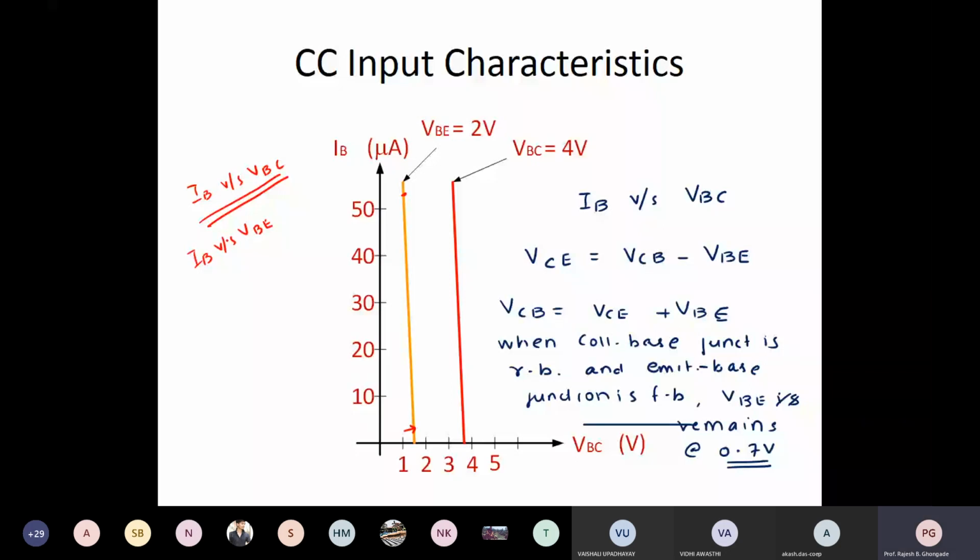This is the common emitter configuration, this is the common base configuration. So here things are different, because of this relationship. As I increase VBC, my base current IB decreases.